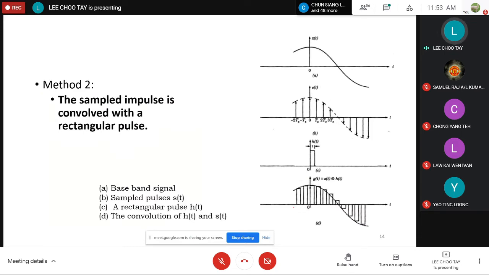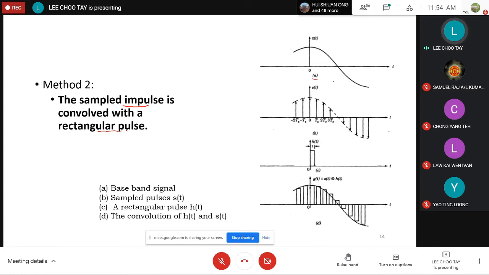Method number 2 involves convolution. What we did is we sample the signal using impulse sampling, and then we convolve these samples with rectangular pulses. If you look at the waveform on the right hand side, the first one is your baseband signal.